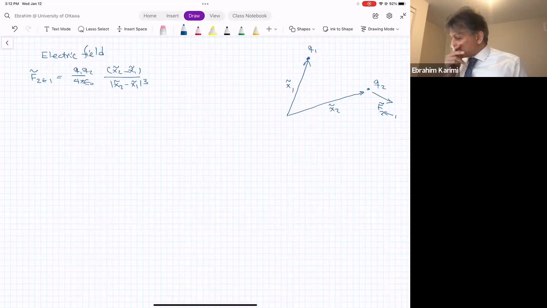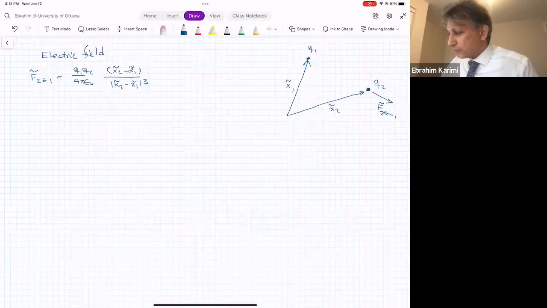Now the question is that definitely particle 1 does something funny with the environment, which particle 2 will see. Let's define this property, and as we discussed, we call it the electric field. How do we define this? We say that you place particle 2 there, right?